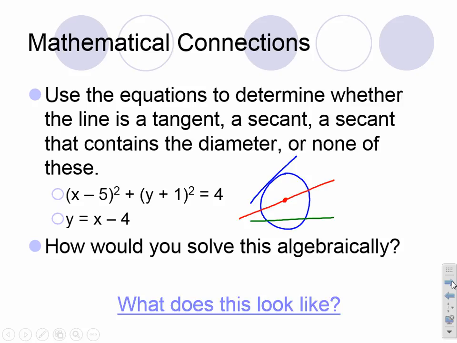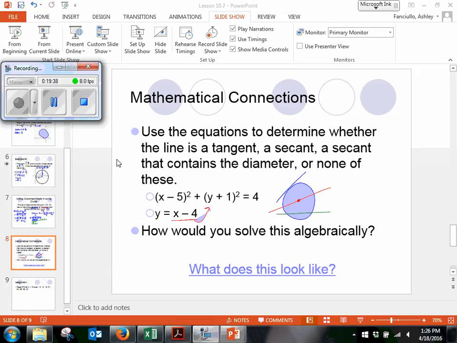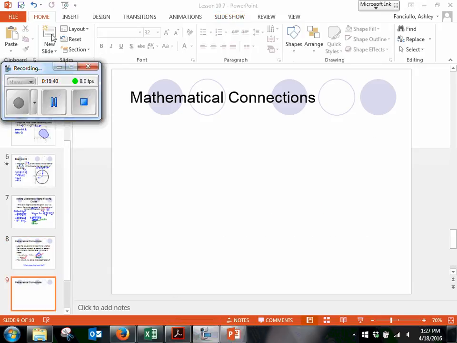Because elimination, I do not want to try that with 2 things being squared, okay? So algebraically, all you're going to do is plug in your y function or your y value anywhere you see it in the other one. Okay, so you're going to take that guy and you're going to plug it in, and then you're going to simplify. Okay, so let me pull up this new slide here, and we'll actually do the math here.